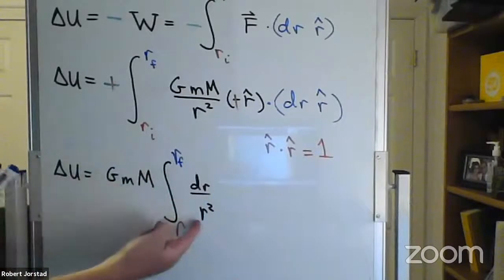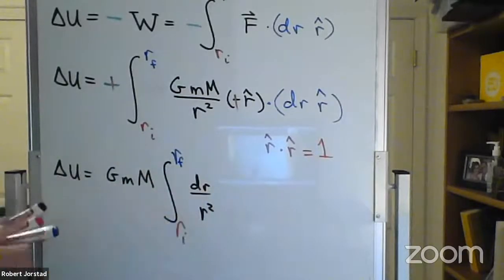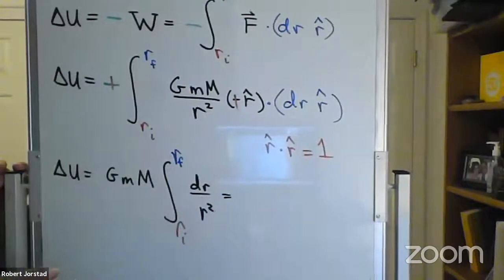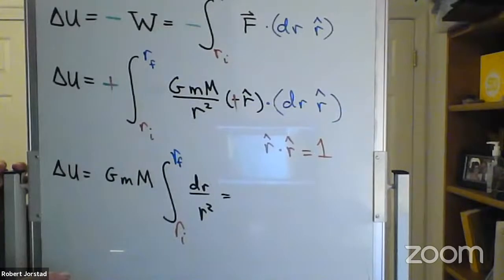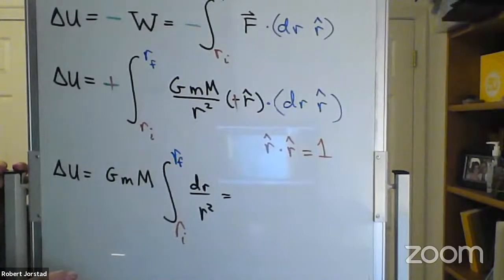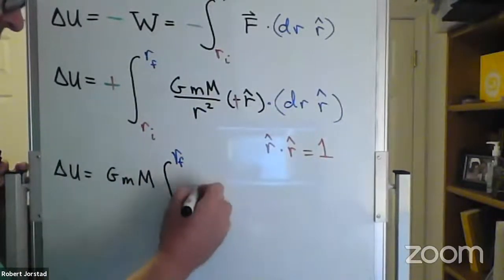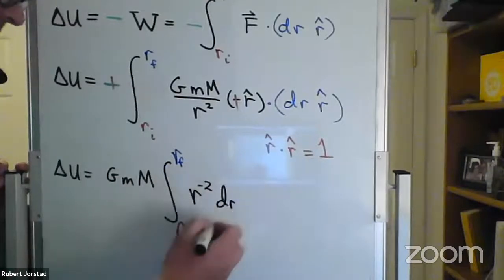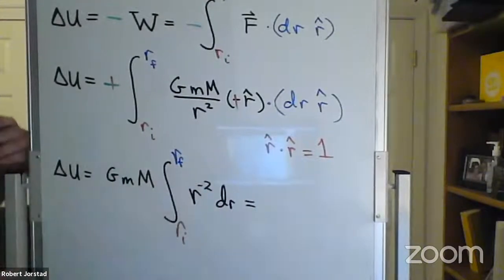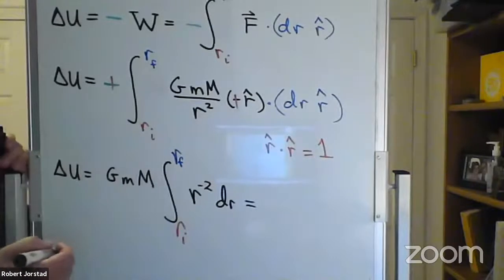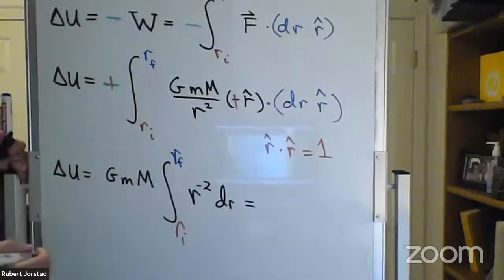Notice when you do this integral, what do you get? Maybe if I write it like this, R to the negative 2 dr. You remember power rule?